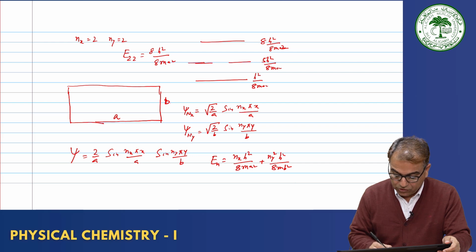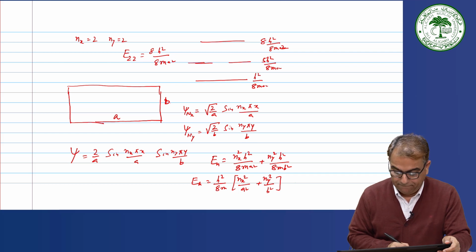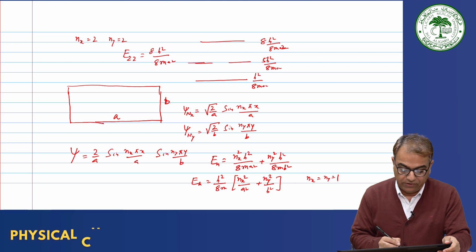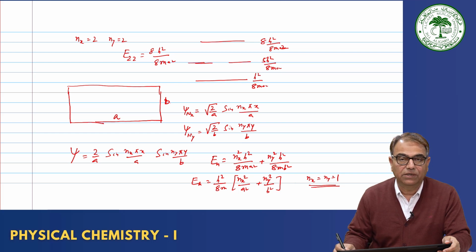Now h square divided by 8m you can bring outside, and you will have nx square divided by a square plus ny square divided by b square. If you look at the energy levels and put nx equal to 1 and ny equal to 1, for this system where a and b are constant, this will give you only one energy level, 1 by a square plus 1 by b square.